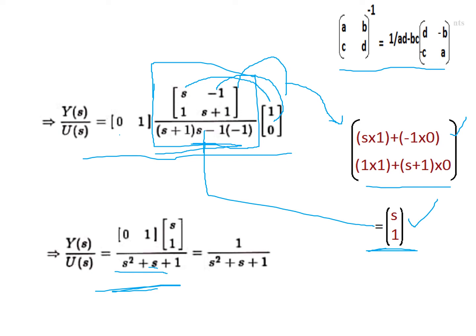Multiplying these two matrices, 0 into s plus 1 into 1, gives 1 by s square plus s plus 1, and this is Y(s)/E(s), the transfer function from the given state model.